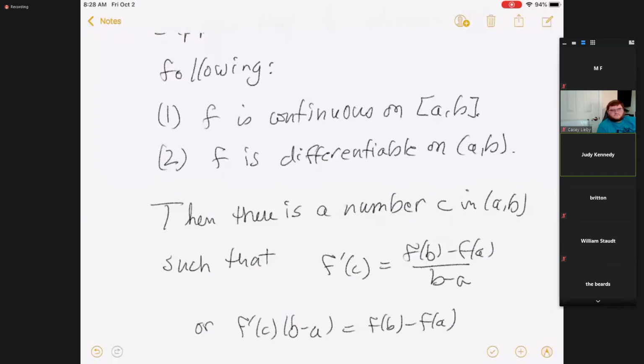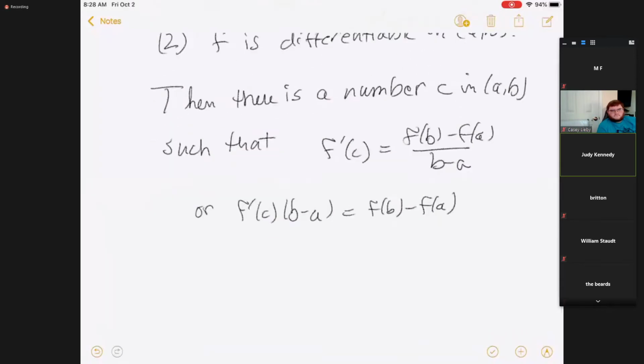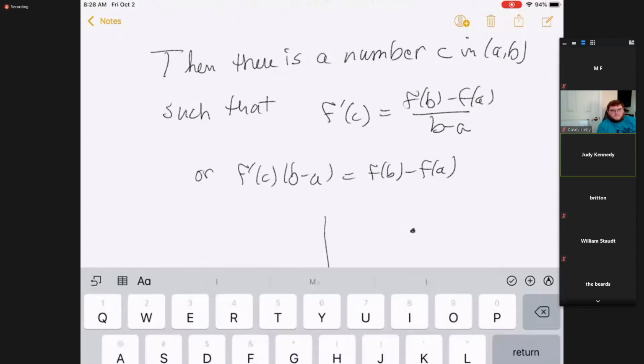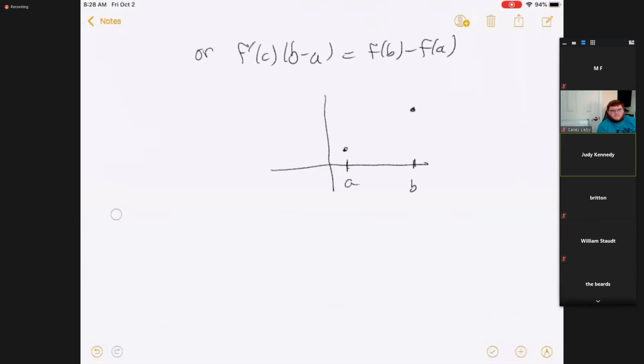That's true. Okay. Let's draw f of A and f of B, and suppose f looks like that. All right.